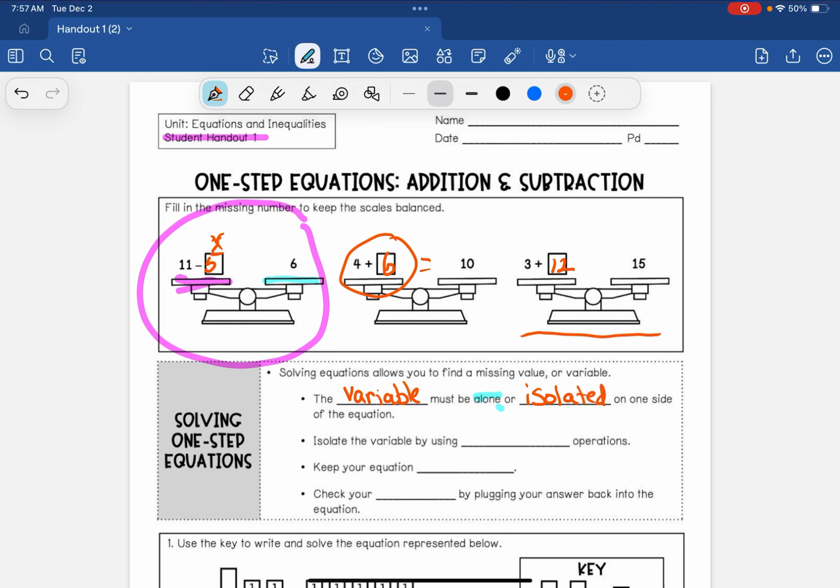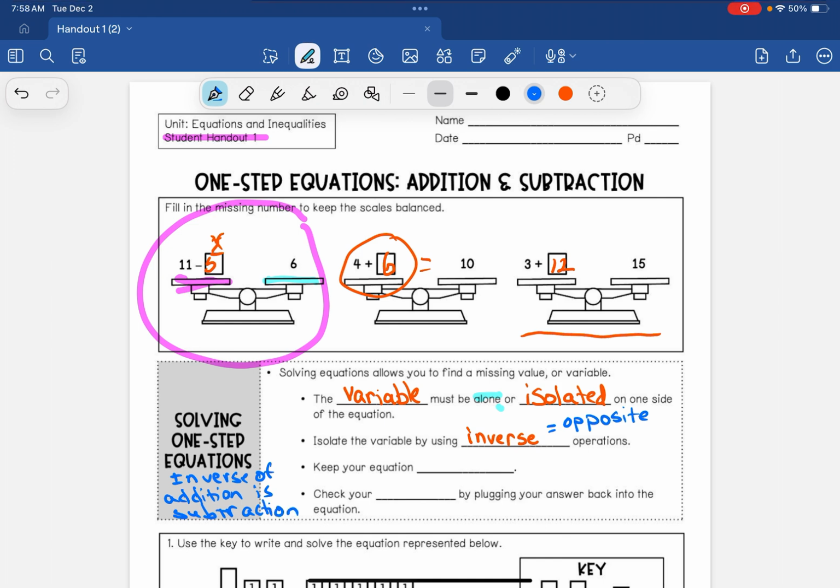To isolate the variable, we're going to use the inverse operation. Now remember when we talked about inverse earlier this year, inverse also means opposite. So let's just write this here: the inverse of addition is subtraction, and the inverse of subtraction is addition.